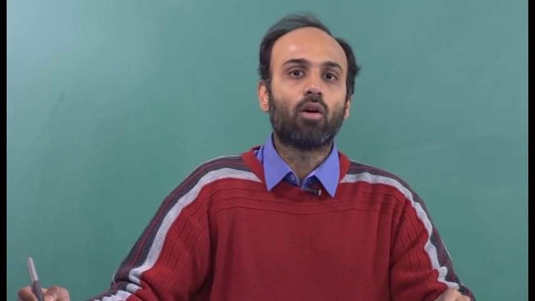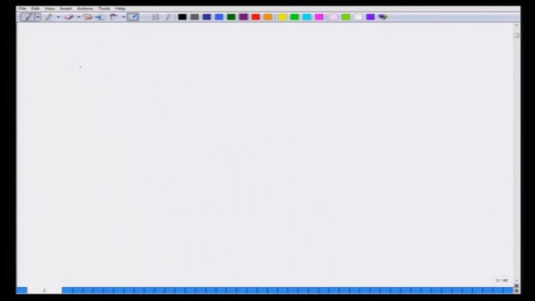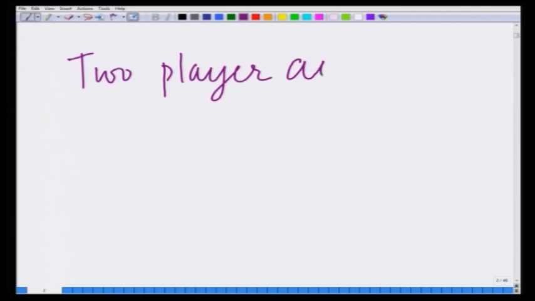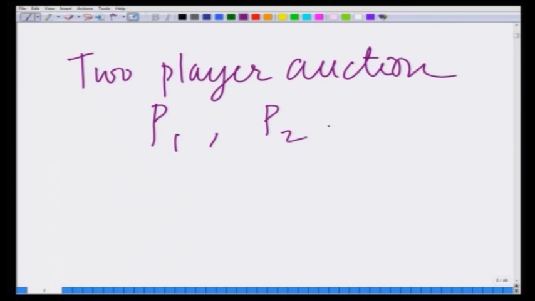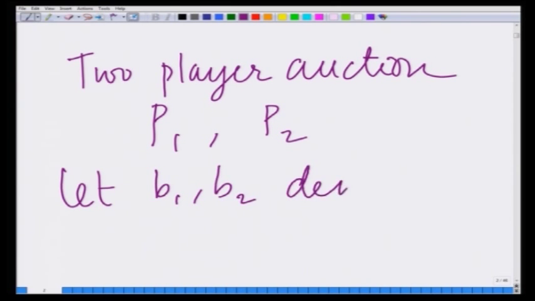Again, let us consider an auction with two players, or two bidders, with the players denoted by P1, P2, and let their respective bids be denoted by B1, B2.